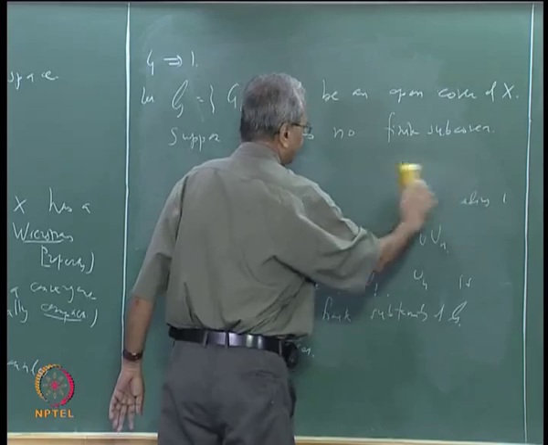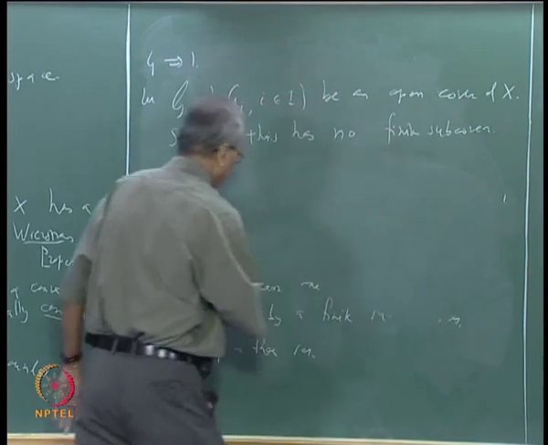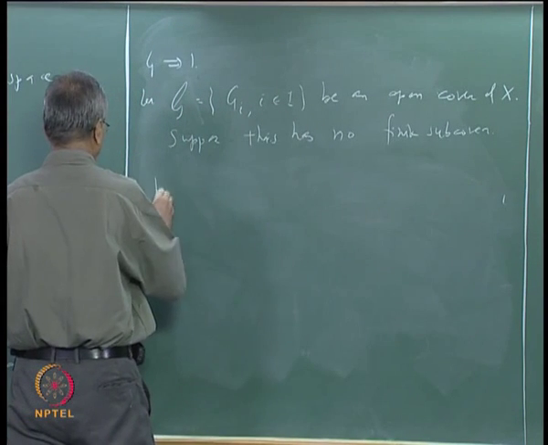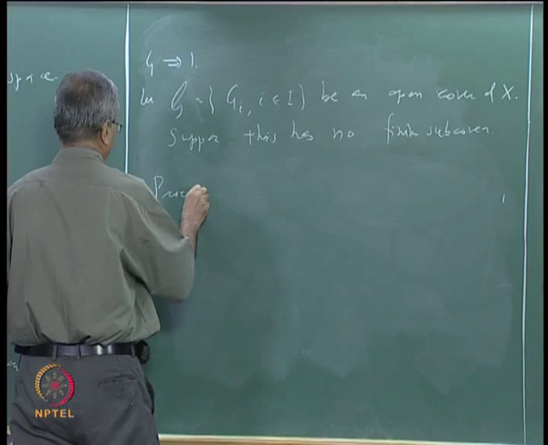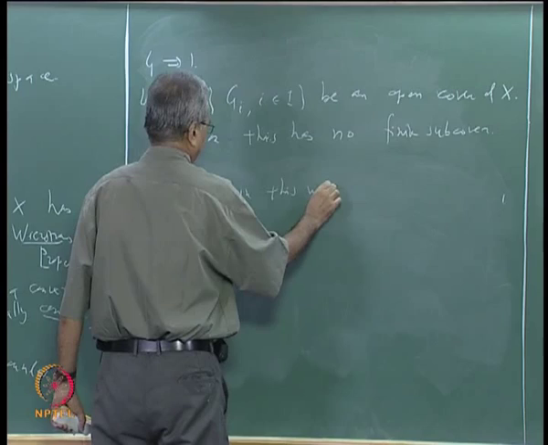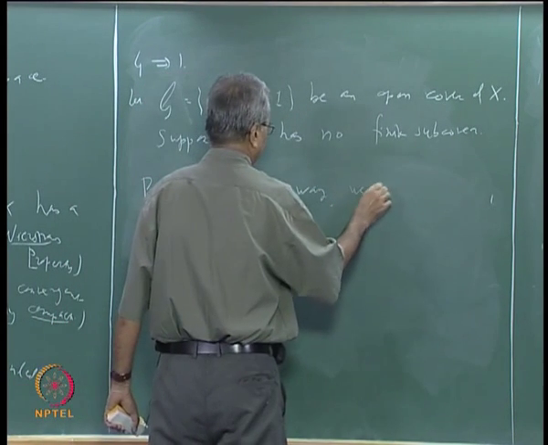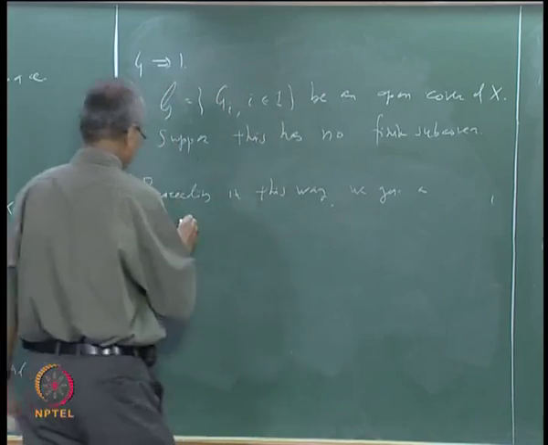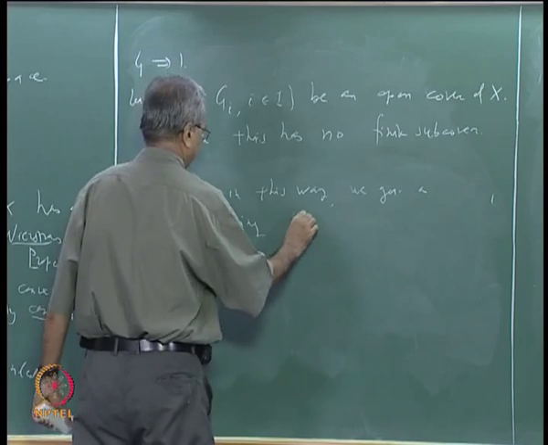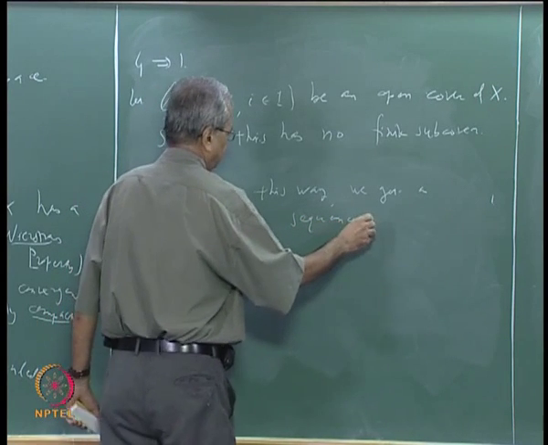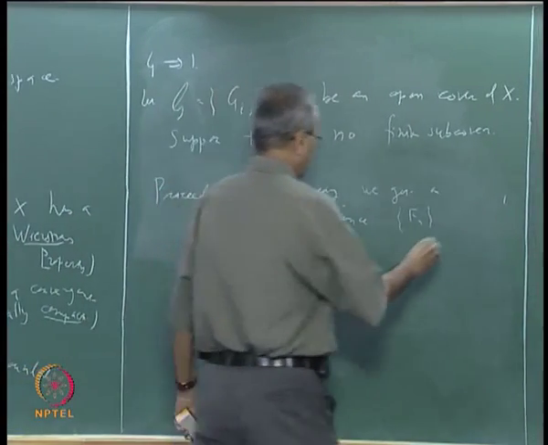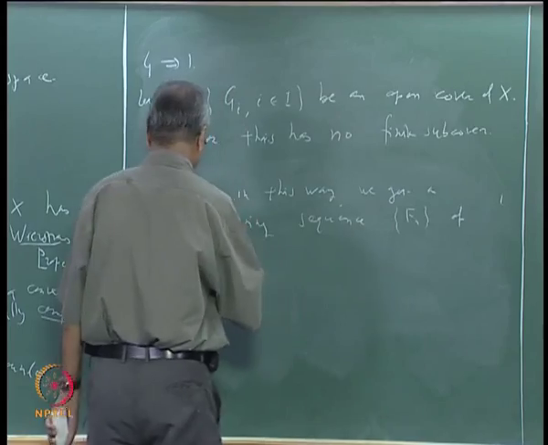Proceeding in this way we get a decreasing sequence Fn of closed sets.